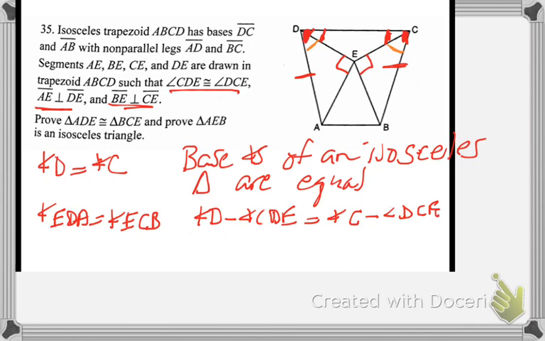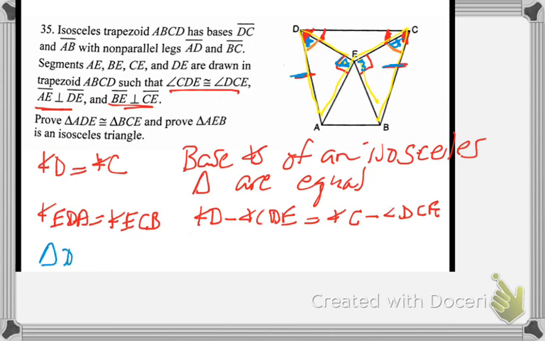Okay, so now just look at these two triangles right here, the yellow ones. You'll notice that we have angle, angle, side, and we have angle, angle, side. So that means the two triangles are equal.